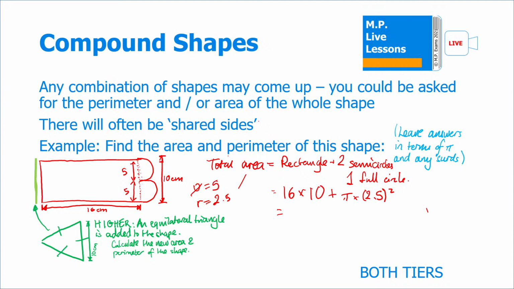So in this case, we'll have 160 plus 2.5 squared, which is 6.25 pi. So that's our area.